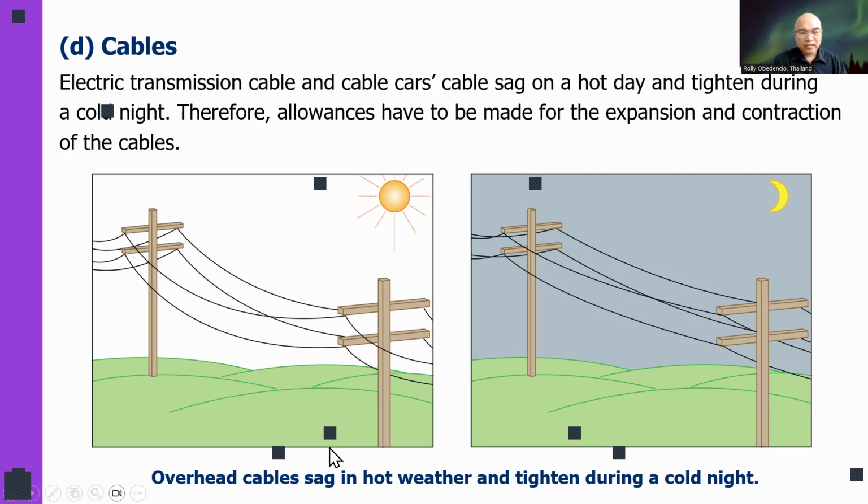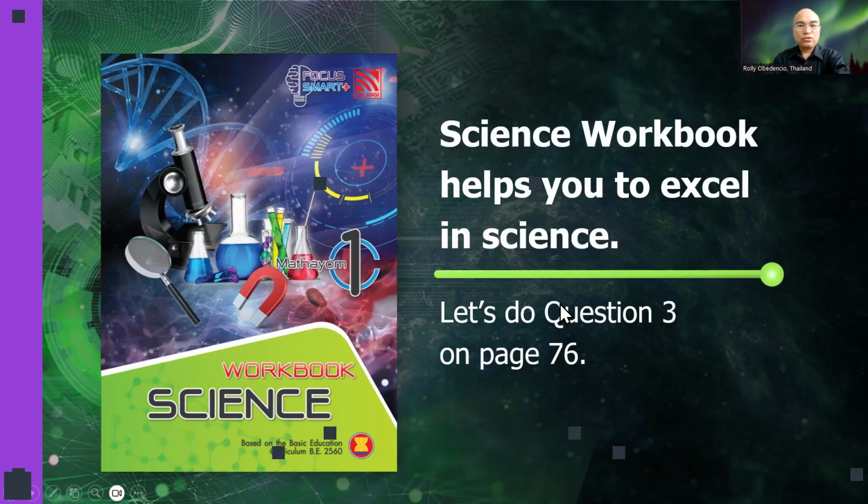So you see this overhead cable sag in hot weather. Look at the sagging, like that sagging, right? Sag in hot weather and tighten during a cold night. So you've got to be careful with this one too.